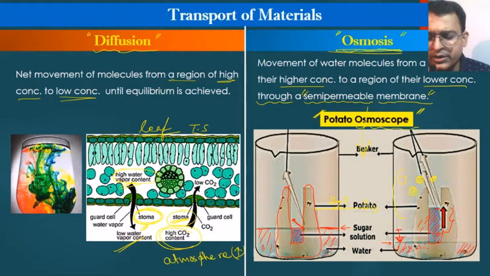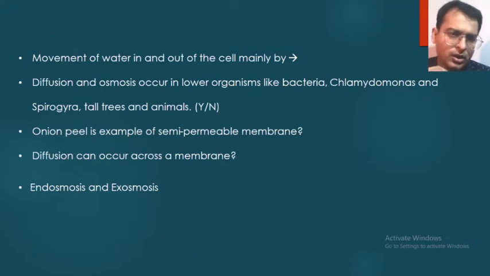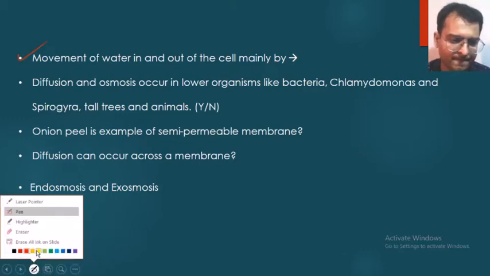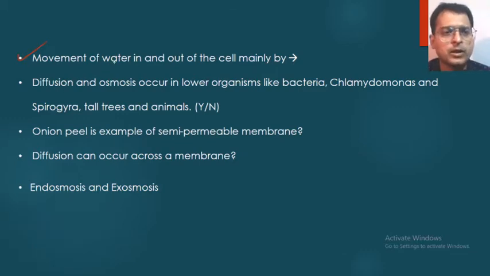So in order to understand this concept further, let us try to solve some questions. Can you guess the movement of water in and out of the cell is mainly by what process? Considering that this is a cell, and you know the cell is covered by a cell membrane, correct?